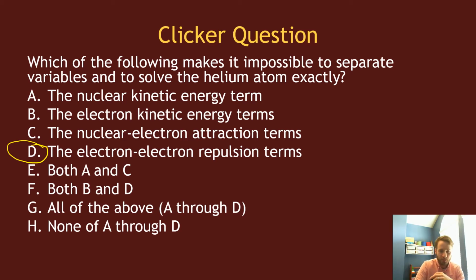Electron-electron repulsion is the only term that's making it so I can't solve this exactly. The nuclei are stationary. I'm not solving for the nuclear wave function, so those are just point charges in space. And so I can separate each one of those electron-nuclear attraction terms into different one-electron terms and fully separate my variables. Same with the electron kinetic energy and nuclear kinetic energy. Those can be fully separated, but the electron-electron repulsion cannot.